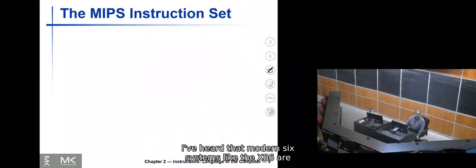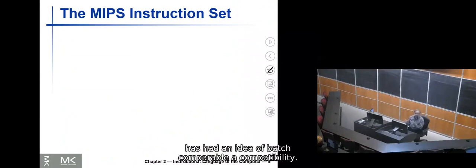Yes? I've heard that modern CISC systems like the x86 are actually RISC underneath and use software to translate between CISC and RISC instructions. Perfect. True? Yes, because remember I told you Intel had the idea of backward compatibility. They wanted to support the previous instruction set they had, so they didn't change the whole instruction set and make it RISC.